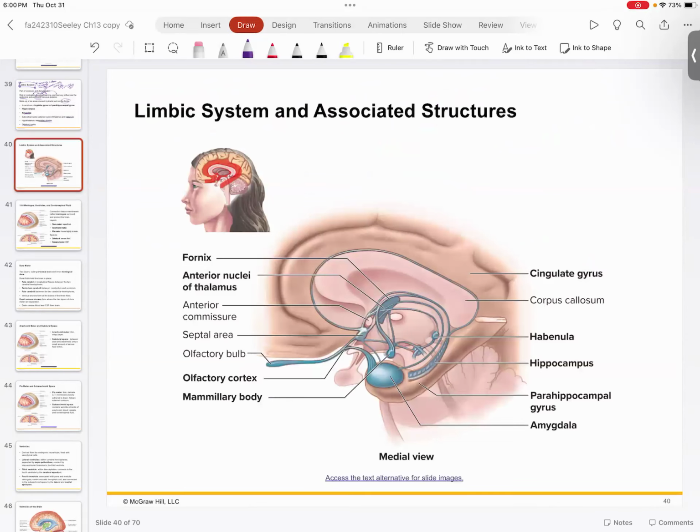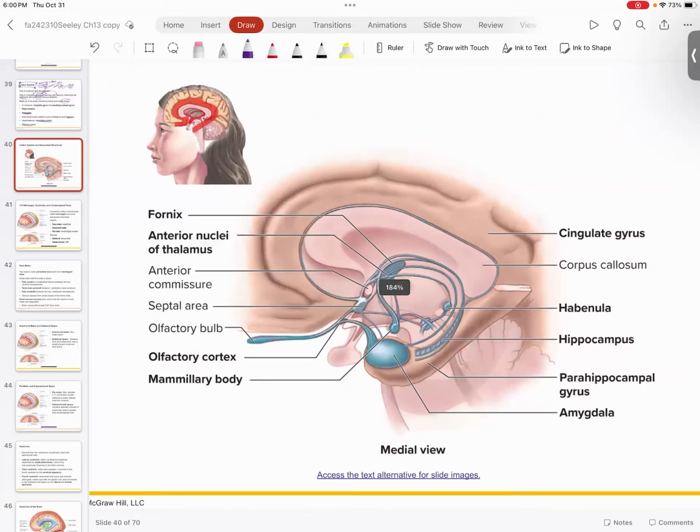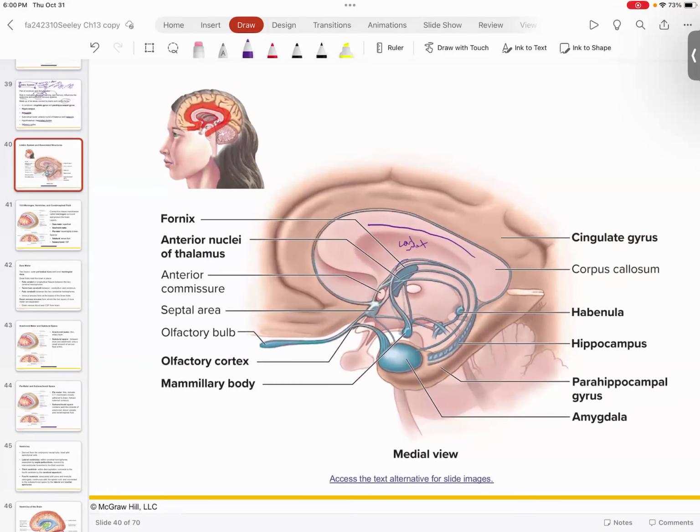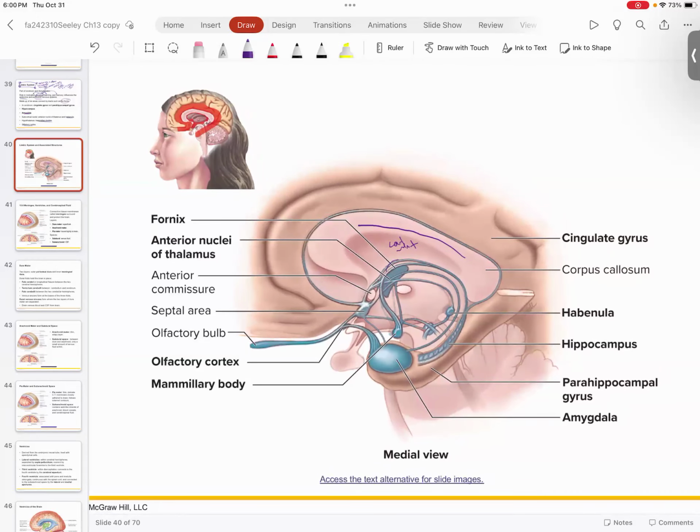So this is kind of what it looks like for your limbic system. Your fornix, which is the bottom floor. You have your corpus callosum up here in this region, then your lateral ventricle, and then your fornix, which is just below that. Now you're going to see all these different structures that almost look like an earpiece that you'd wear around your ear.